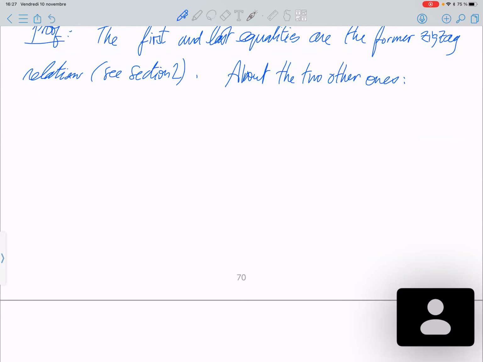So this one: the definition is like that. You have the oriented evaluation map, the minus version of the evaluation map, which is like that. And then you have the negative version of the coevaluation map, which is like that.